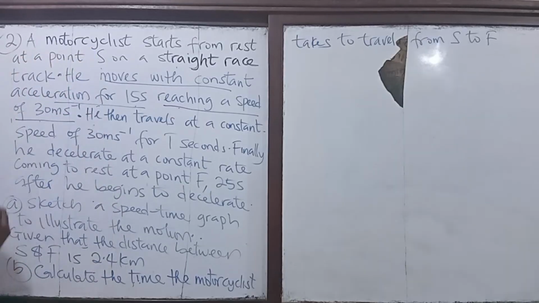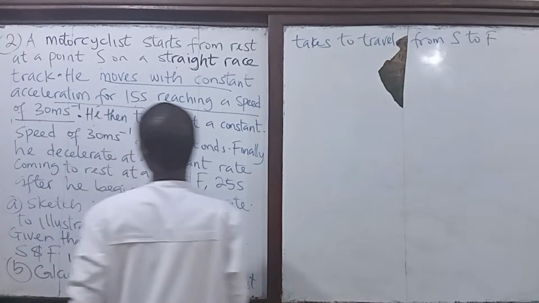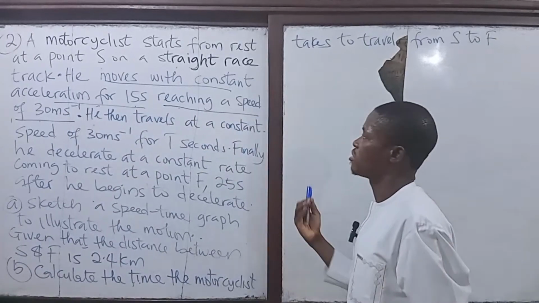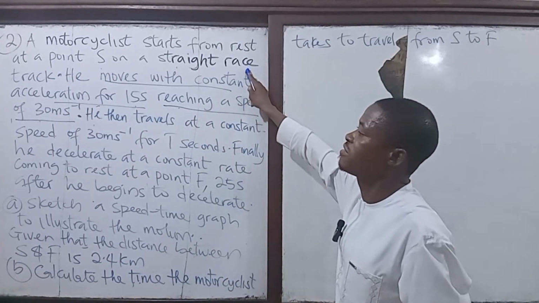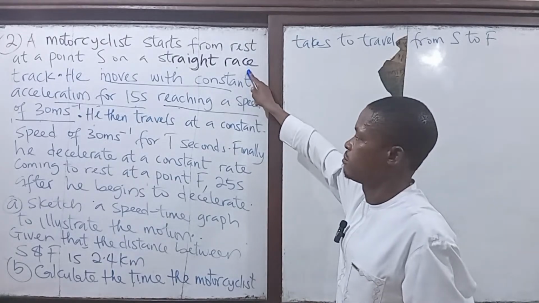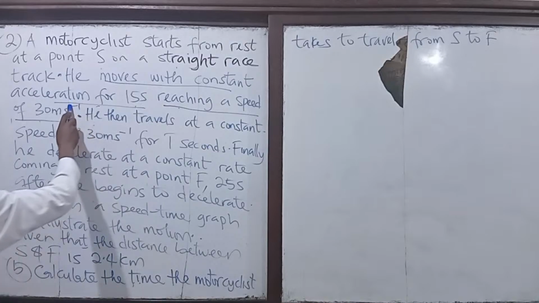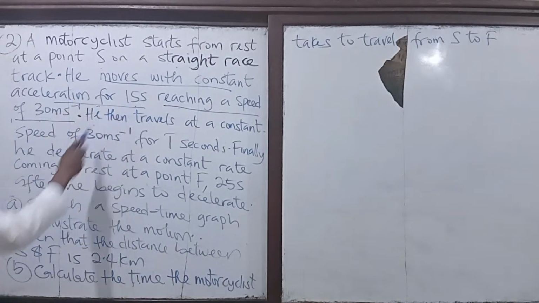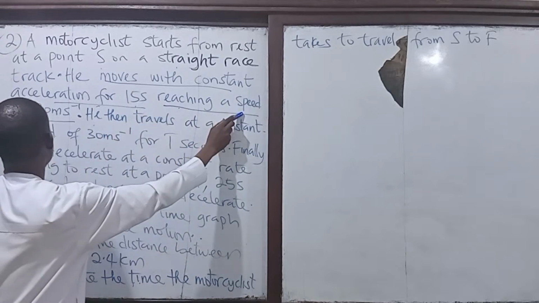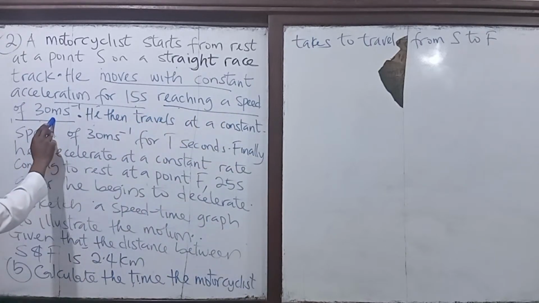A motorcyclist starts from rest at a point X on a straight raised track. It moves with a constant acceleration for 15 seconds, reaching a speed of 30 meters per second.